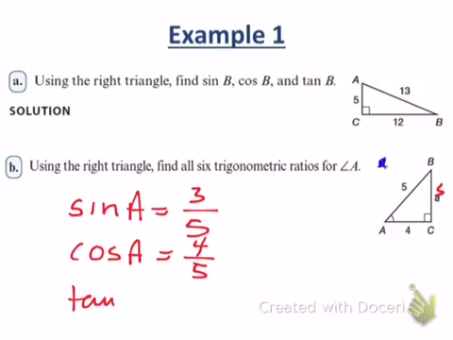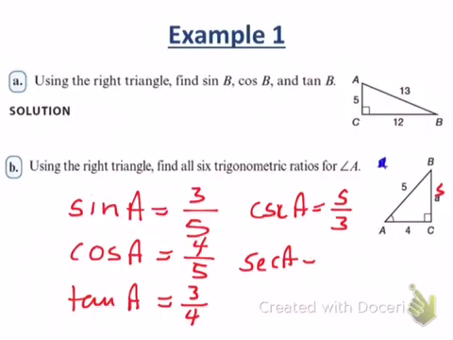And then the tangent of A is equal to the opposite side over the adjacent side, right? So that will be 3 over 4. And then the cosecant of A is 5 over 3. The secant of A is 5 over 4. And the cotangent of A is 4 over 3.